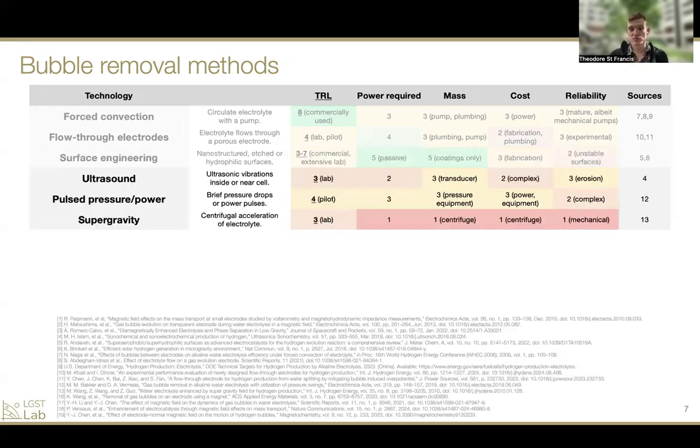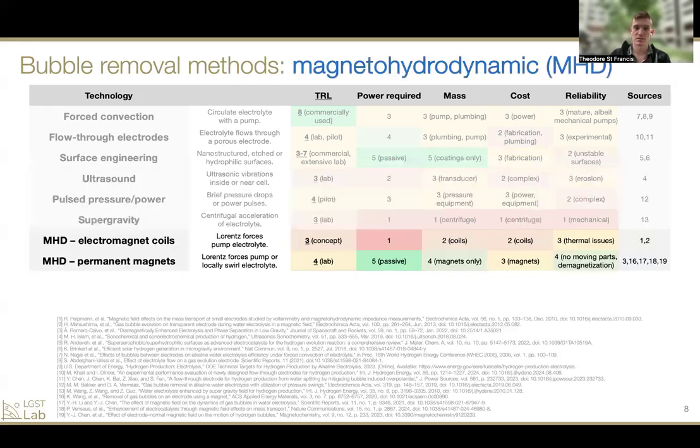There are other approaches which require power, such as ultrasound, pulsed pressure and power, and supergravity in centrifuges, which can be very effective, but again, added power, added complexity, as well as some environmental hazards, such as the noise of ultrasound.